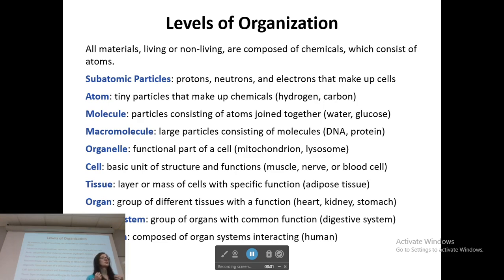And the chambers of the heart give the heart its function. So the structure is going to dictate the function, and the function is going to dictate the structure. So they are interconnected. They can't really be separated, because they have to fit together. All right, so that's the cellular layer.